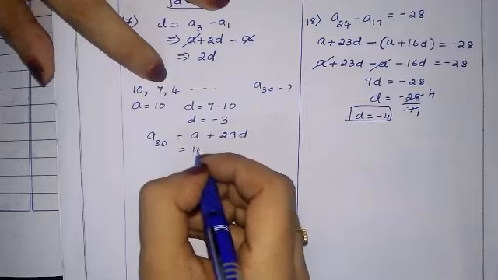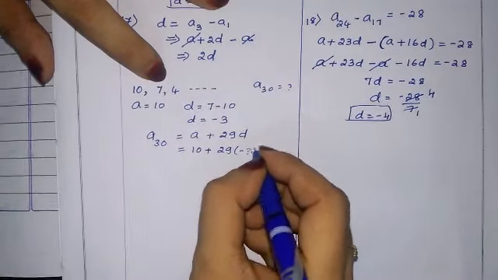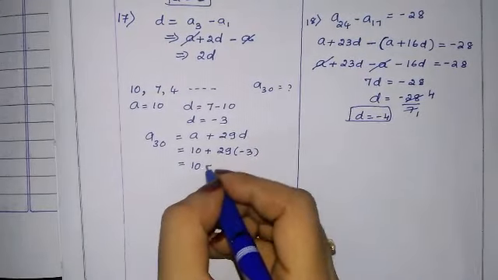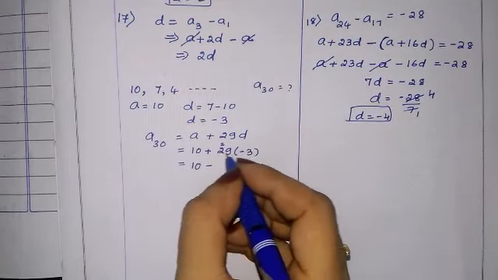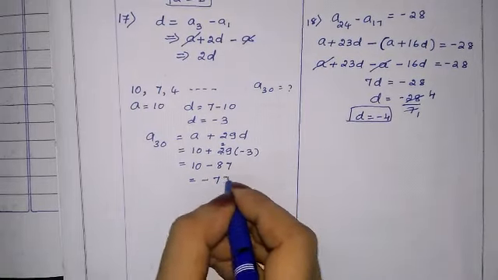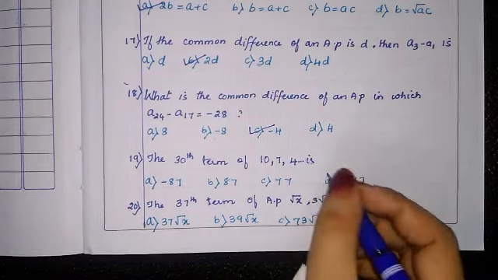A value is 10 plus 29 into D value, which is minus 3. Okay, plus into minus is minus. 3 9s are 27, 2 here. 3 2s are 6, 7, 8. 87 minus 10 is minus 77. So the correct option is minus 77. That is option D, the correct answer.